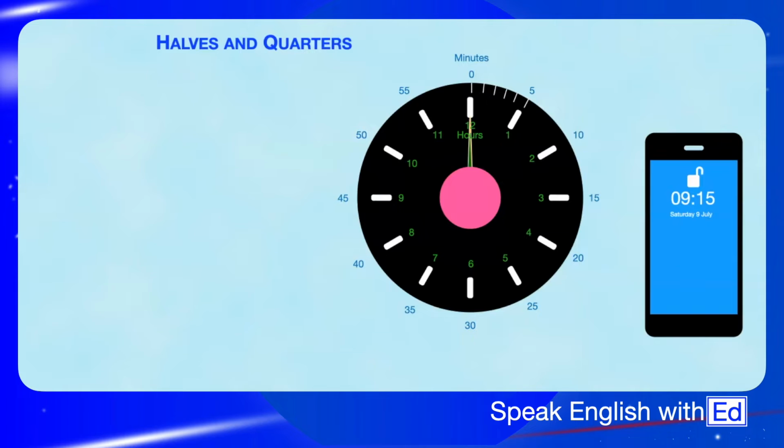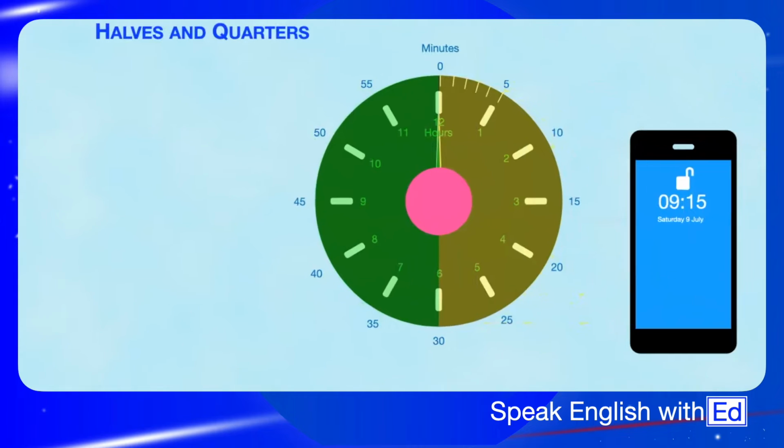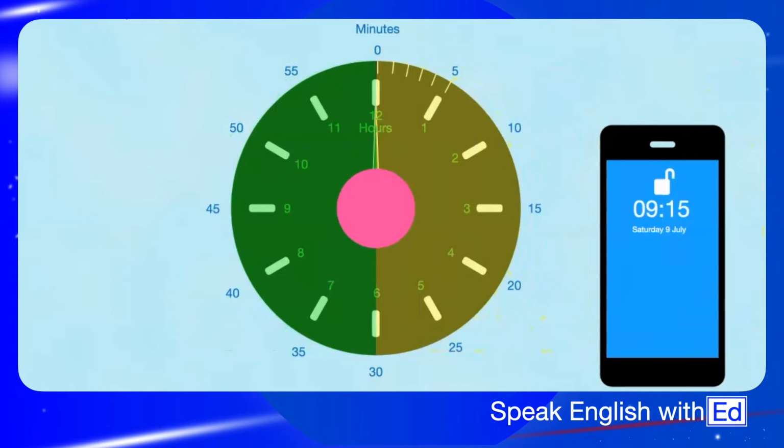But when we get to certain parts of the clock, we talk about them differently. So we split the clock into two halves. All the way around is a whole hour. So when the minute hand gets round to 30, that's half an hour.